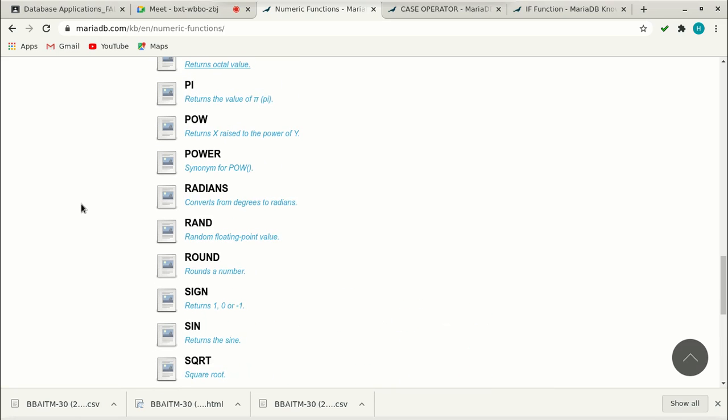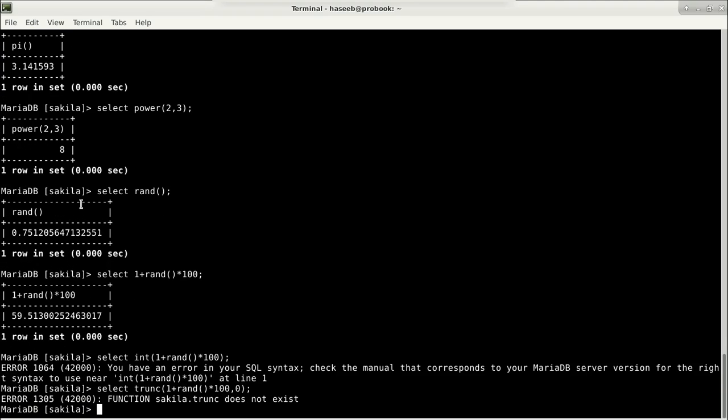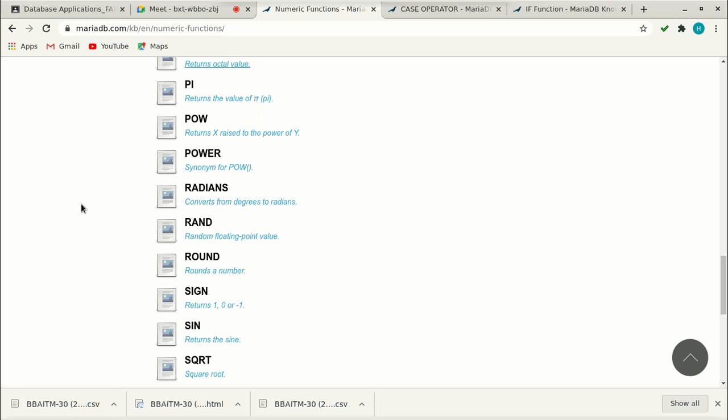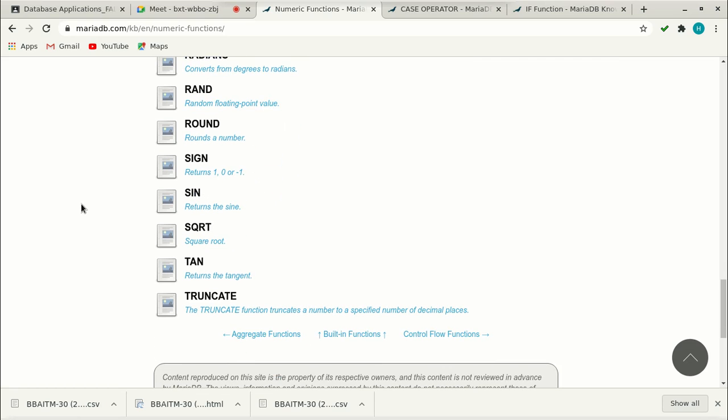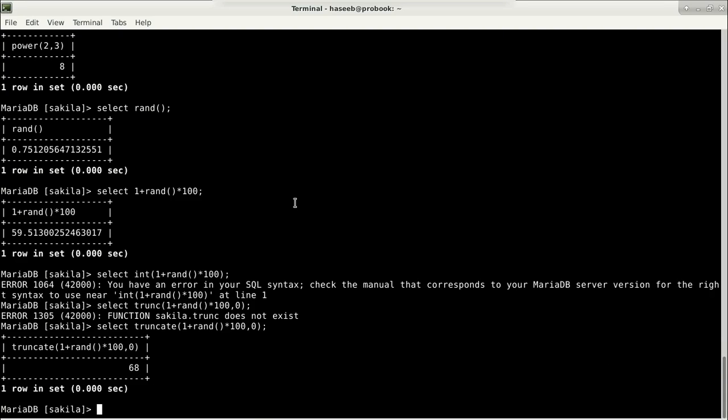Oh sorry, it doesn't have an integer function, so we will have to use some other function. We can use the truncate function. Truncate this, comma 0. You have to write the full name, truncate.